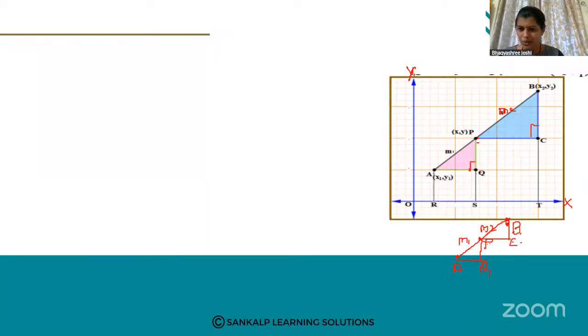So AQ, if you drag it downward, you get R and S. So this one is a rectangle. Here also we drag downward and get one rectangle. Now, in a rectangle, opposite sides are equal, right? Opposite sides are equal. So we'll start the derivation.